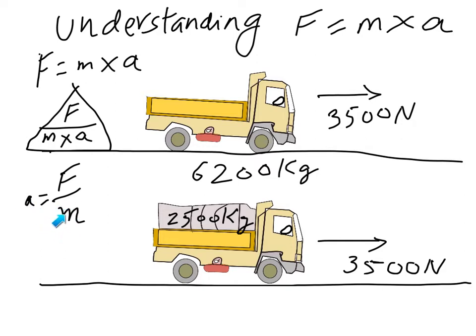Whenever you increase the denominator, the value of that whole number becomes less. So the acceleration will be lower. It's so obvious: if you apply the same force on a heavier object, it will not accelerate as much as when you push with the same force on a lighter object. Let's actually substitute numbers in and see if you get the values that you would expect.